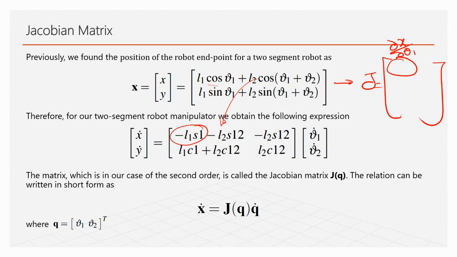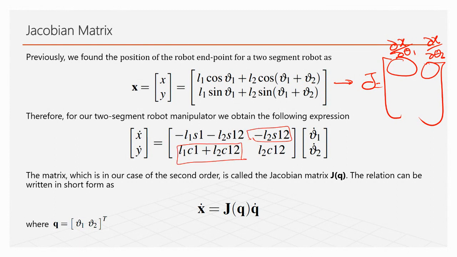So that's why you get this. This component is dx d theta 2. d theta 2 is easier because this one is not a function of theta 2. So the derivative of this versus theta 2 becomes 0. And the derivative of this versus theta 2 becomes negative sine of theta 1 plus theta 2. That's what you have here.